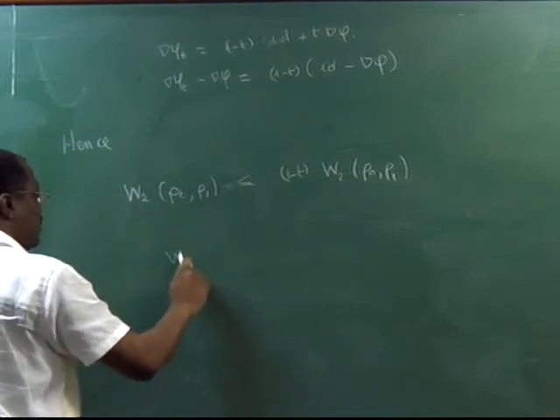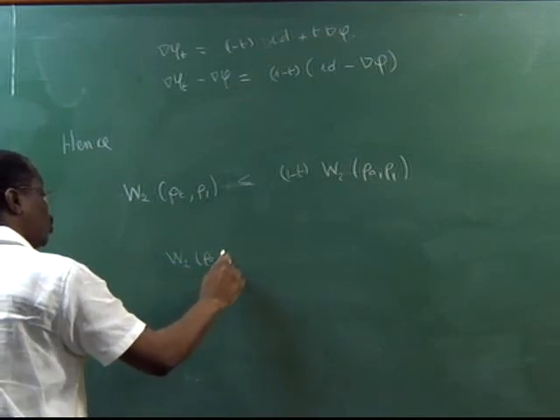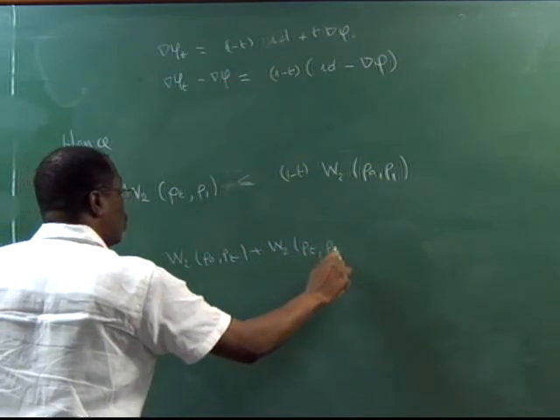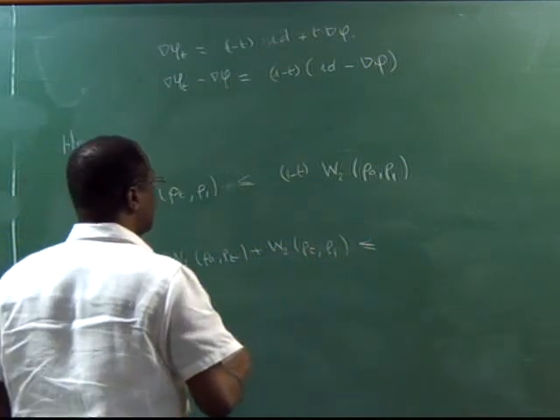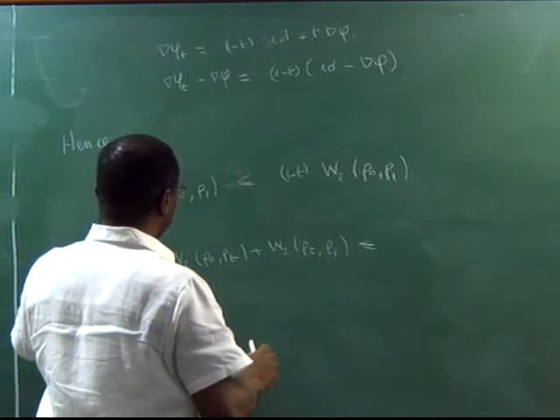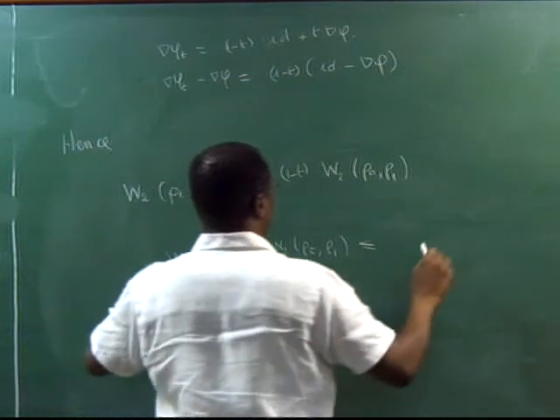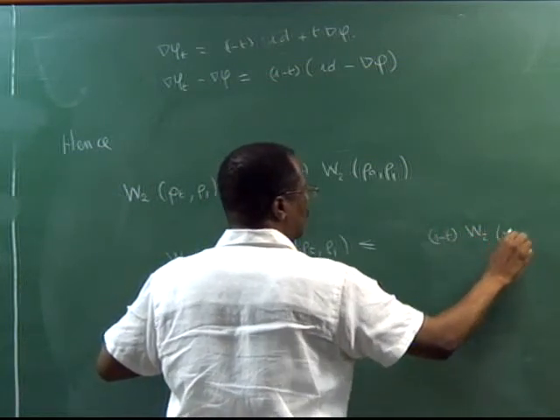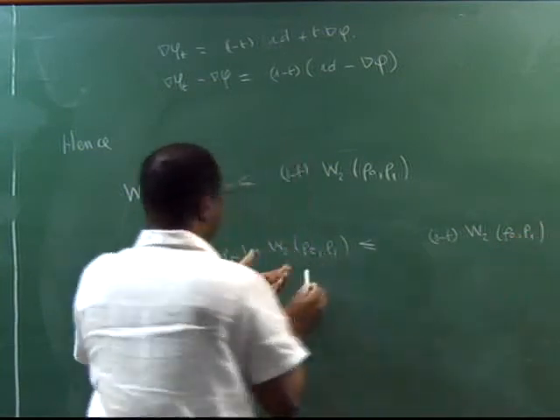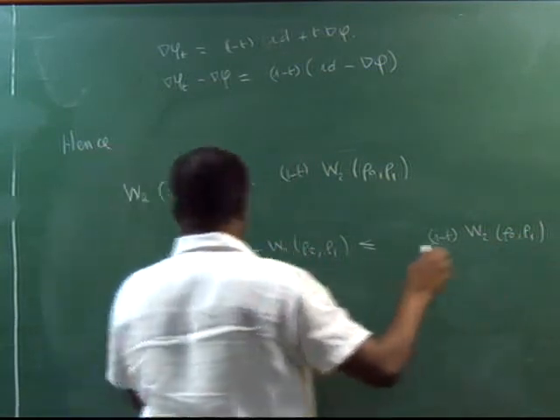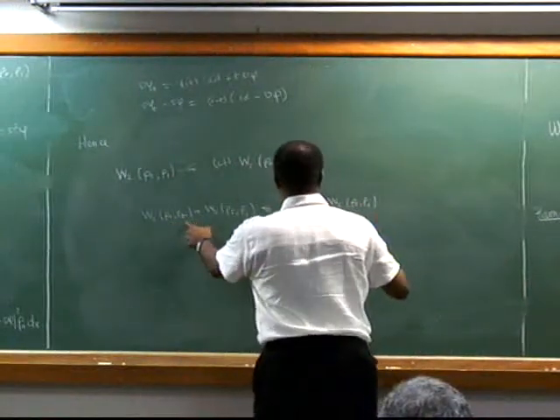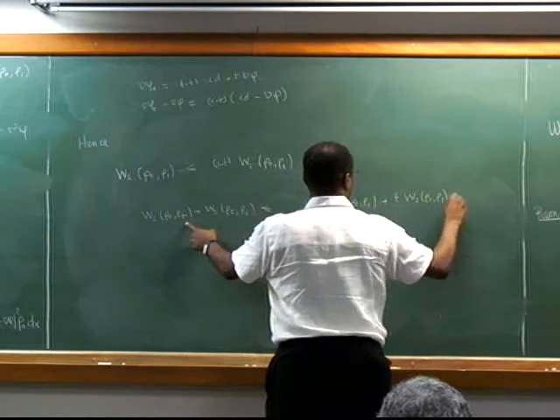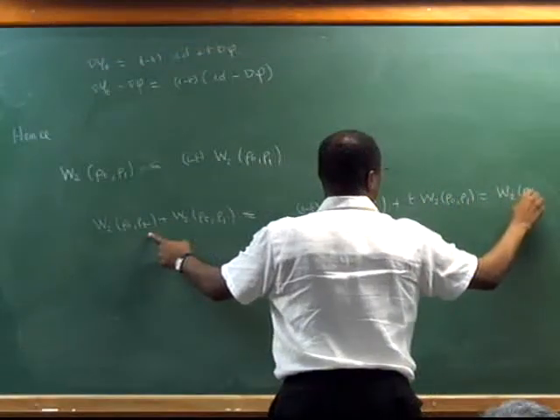I will have the distance from rho naught to rho t plus the distance from rho t to rho 1 is less than or equal to (1 minus t) times the distance from rho naught to rho 1, plus the distance from rho naught to rho t, but this is t times the distance from rho naught to rho 1, which gives the distance from rho naught to rho 1.